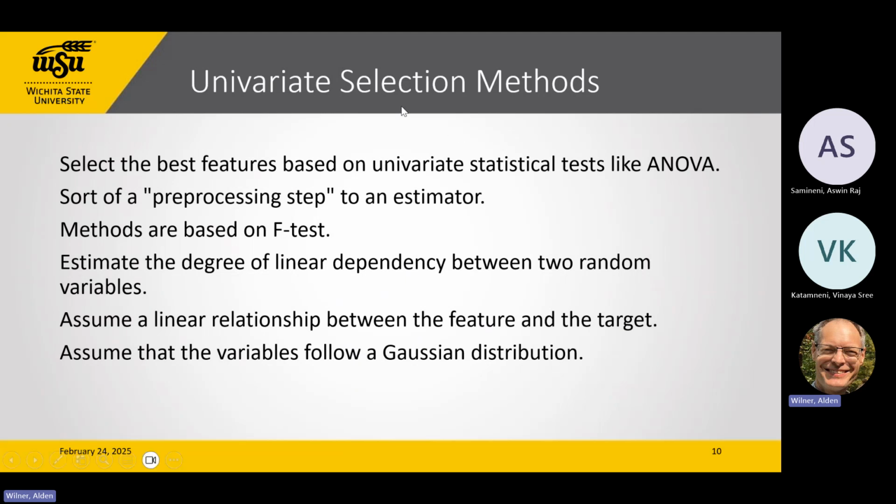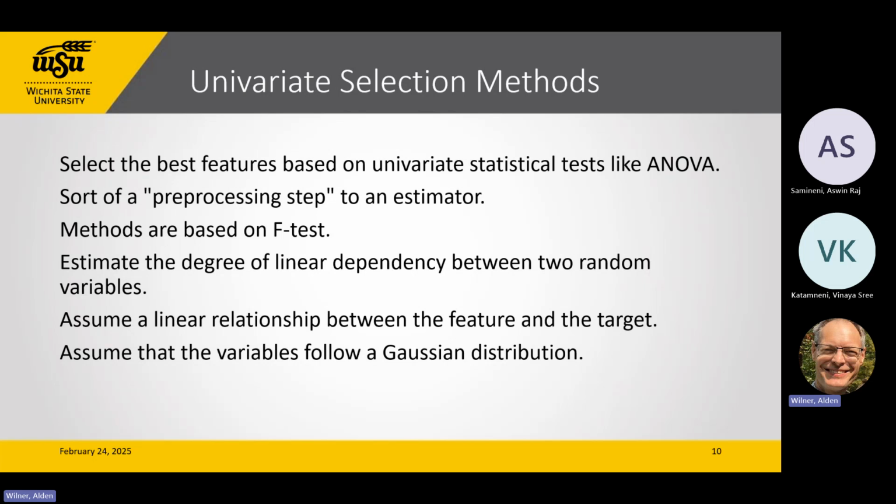Next, past our basic selections, those are easy. But you don't usually get that kind of clean situation in your actual data. Usually you've got to do something else to see if you've got some good filtering to do. So some of the best are univariate feature selection methods. We're going to use univariate statistical tests like ANOVA.